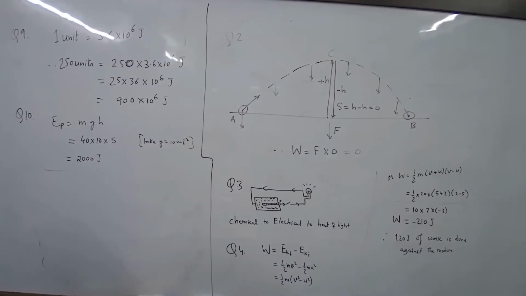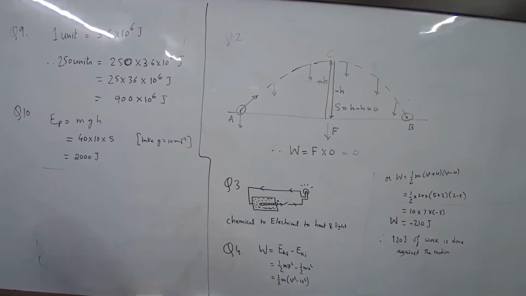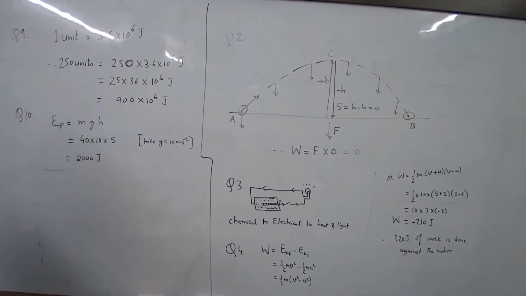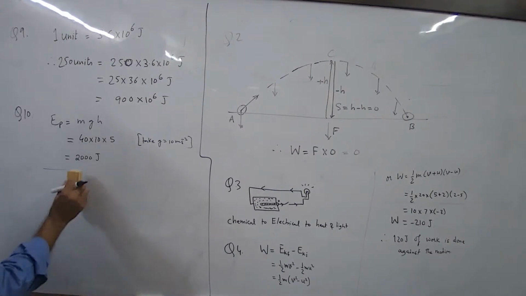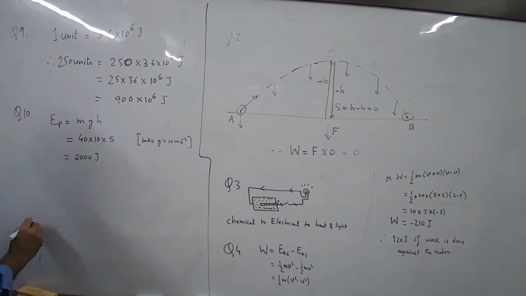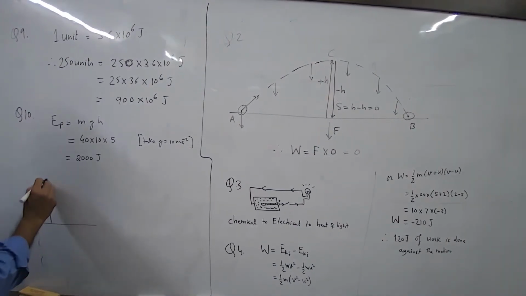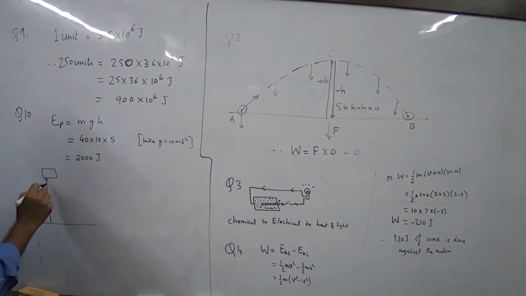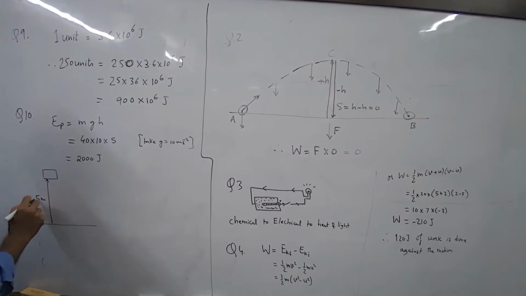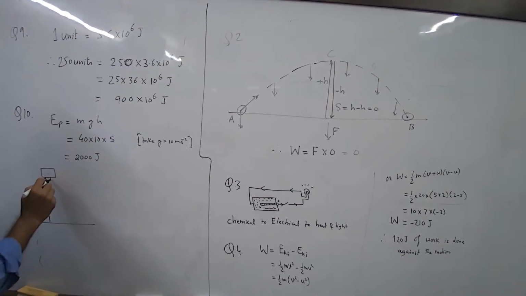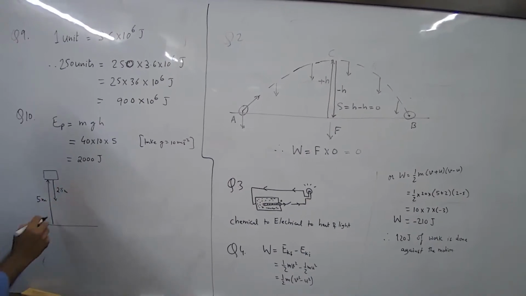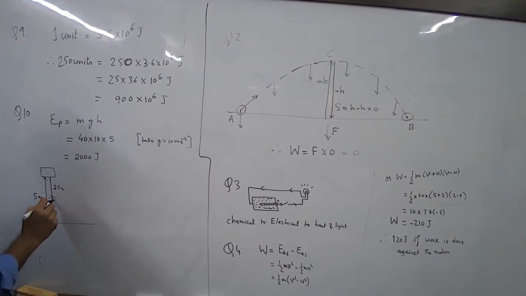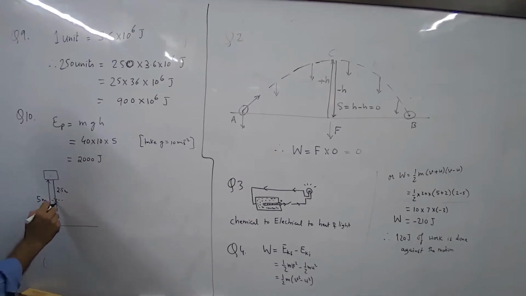If the object is allowed to fall, find its kinetic energy when it is halfway down. So see, it is taken to this height. This height was how much? 5 meter. So when it comes down by 2.5 meter, what is asked is its kinetic energy.